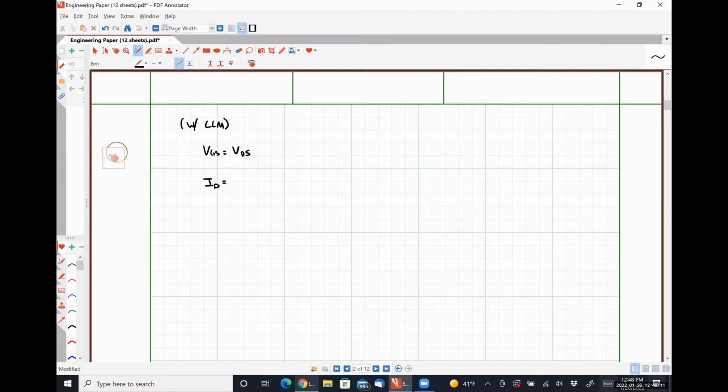ID, our drain current, is going to be 1/2 Kn times VGS minus VTH squared times 1 plus lambda VGS, or I'm just choosing to use the equivalence of VDS and VGS to express everything in terms of a single variable.